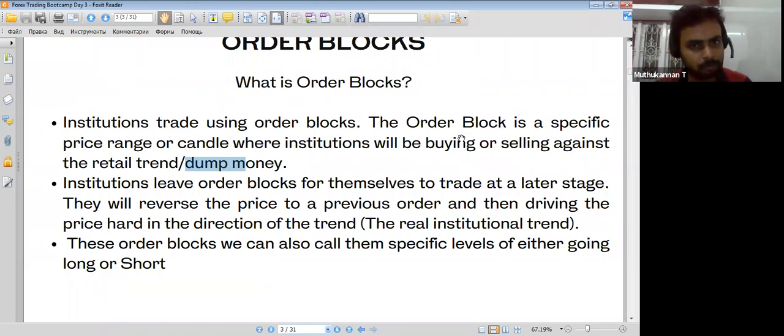Now, it may be confusing for you guys, these definitions. No worries about that. Order blocks are specific candles. You can say it's a specific candle or a specific range where the institution or big money will be trading their positions. Okay.